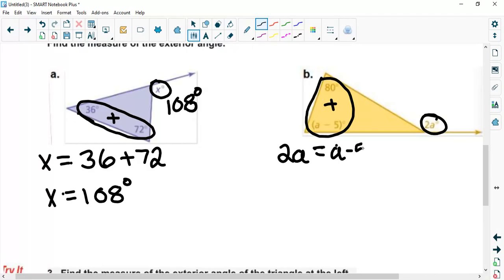So A minus 5 and then plus 80. We can combine like terms. That's positive 75. Bring my A and my 2A down.